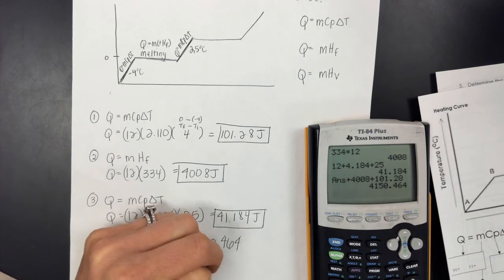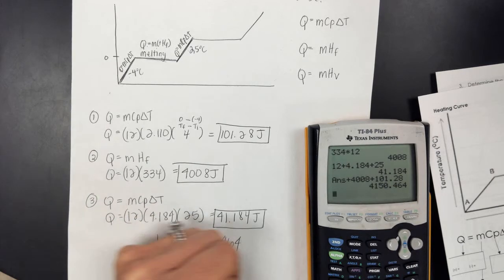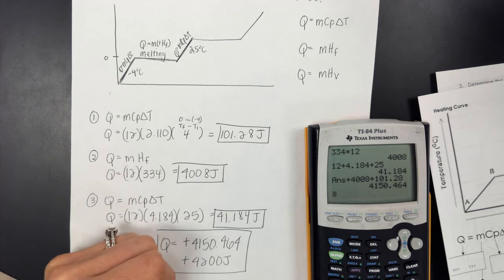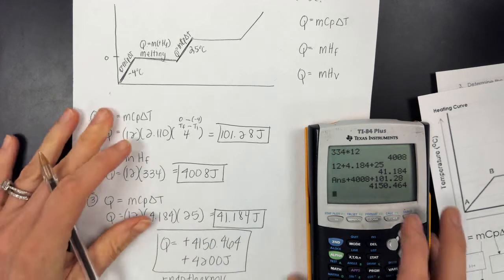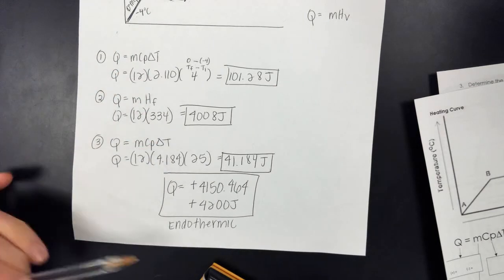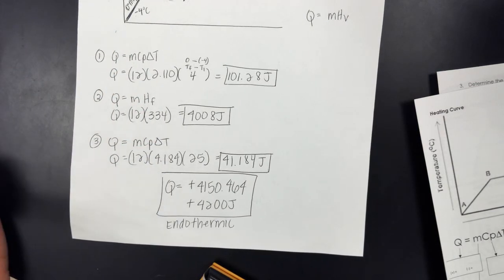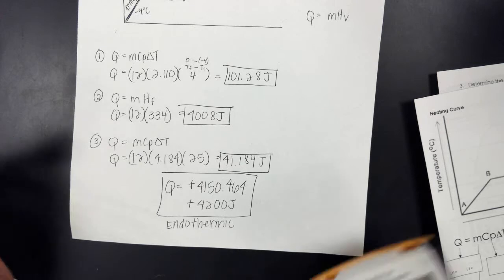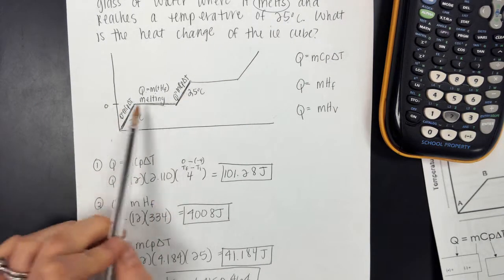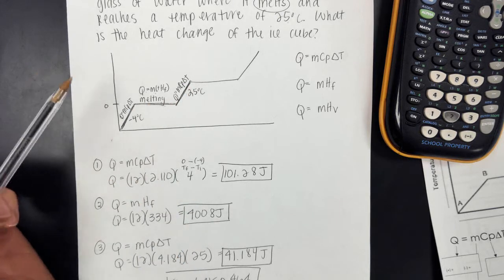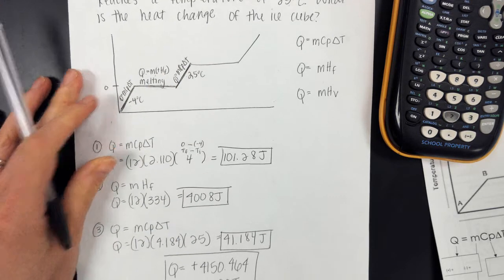So plus 4,200 joules. Okay, so this is endothermic. And we know melting is endothermic. And that means it absorbed energy. My Q is positive. And that is about as complicated as it will get. Don't do this if you're only on one line on your chart. All right.